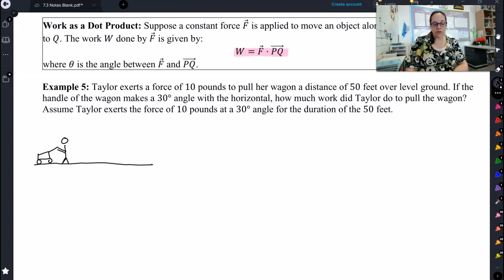And she is going to exert a force of 10 pounds to pull her wagon a distance of 50 feet. So the starting point to the ending point is going to be 50 feet.